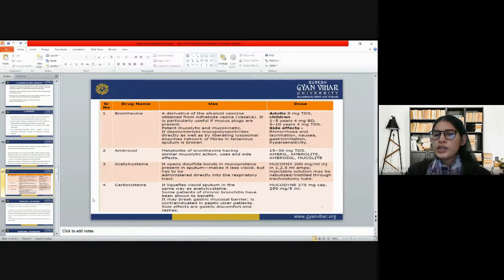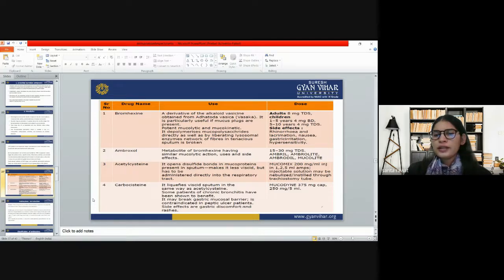So the dosing for this: adults can use 8 mg TDS, and children 1 to 5 years 4 mg BD, and 5 to 10 years 4 mg TDS.